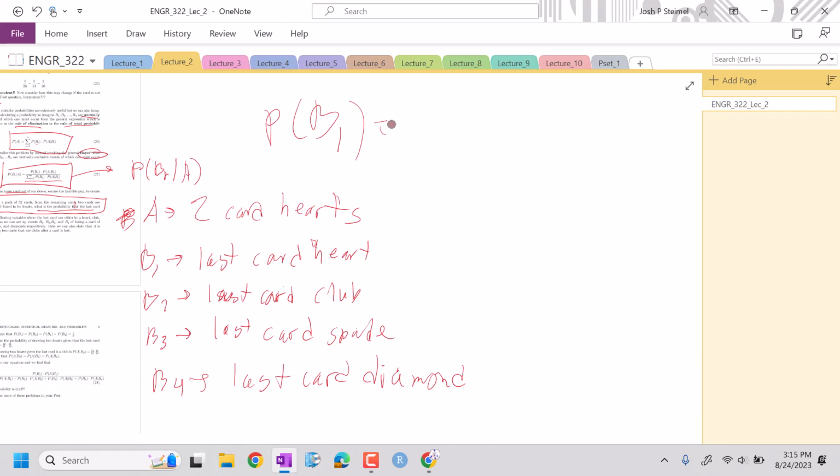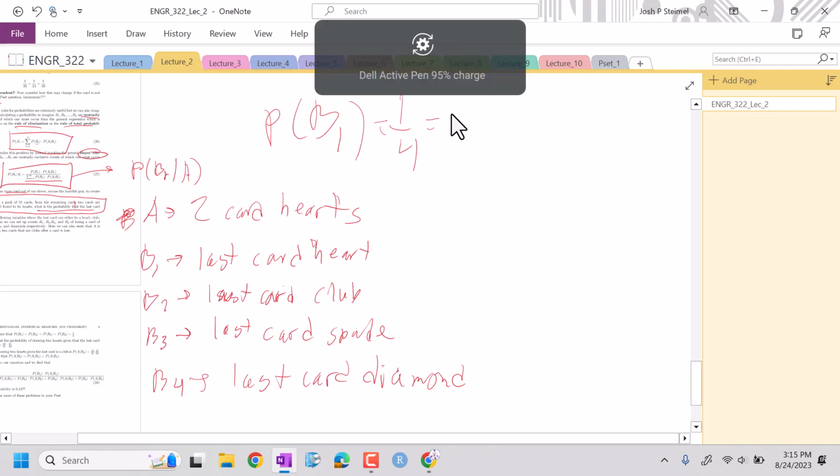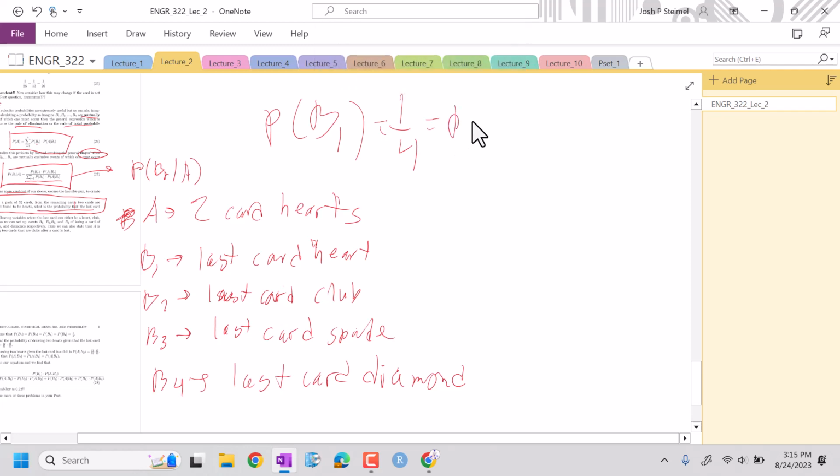Well, remember, what's the scenario here? It's just a card that's lost initially out of the 52 deck. So the probability that it's a heart is a fourth, right? And that probability should be the same for clubs, the same for spades, and the same for diamonds, because the card is just lost at the beginning.